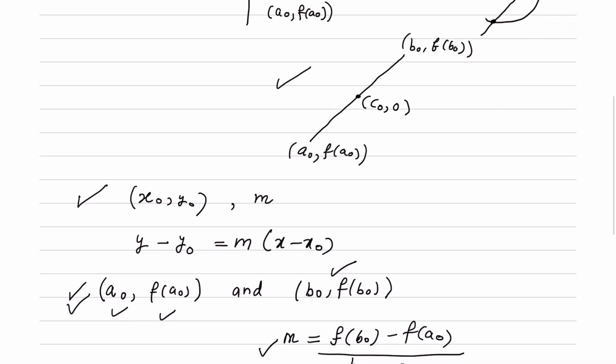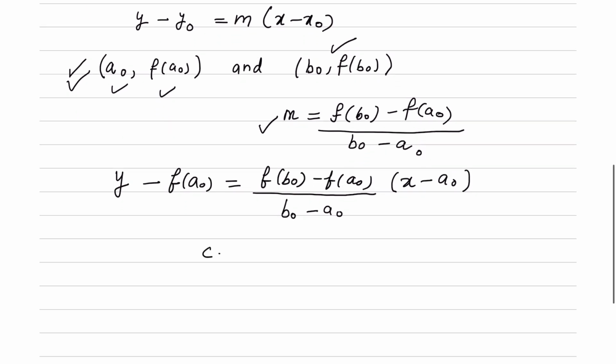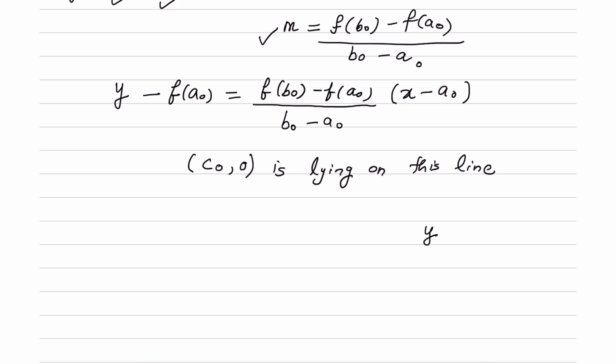Now let's look at this straight line again. We have written an equation of the straight line by using the points A0, f of A0, B0, f of B0. But on this straight line, another point is lying, which is C0, 0. So we will write C0, 0 is lying on this line. Before we go ahead in this situation, let's have a look at the straight line.